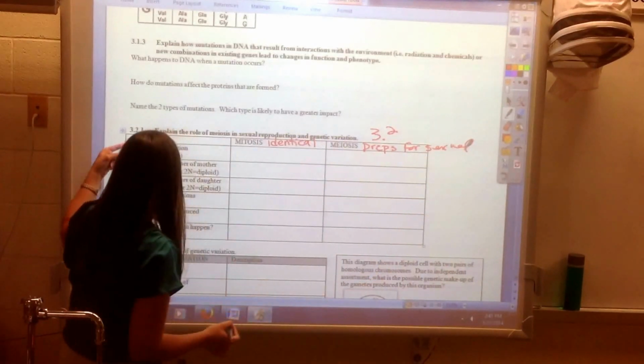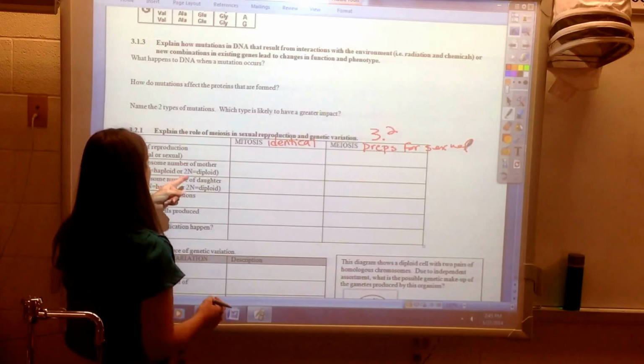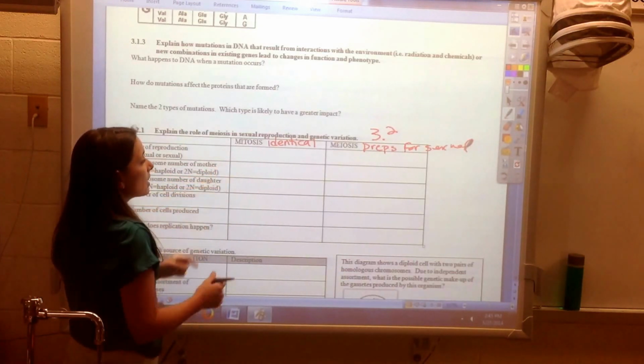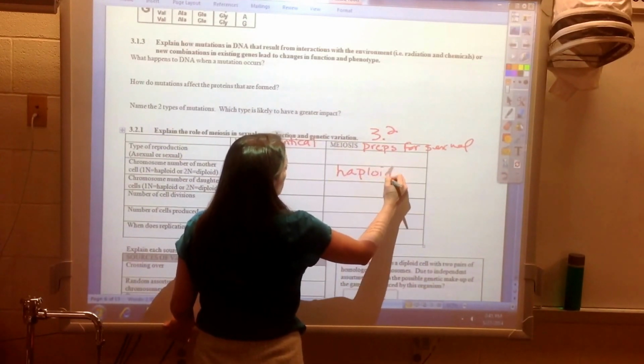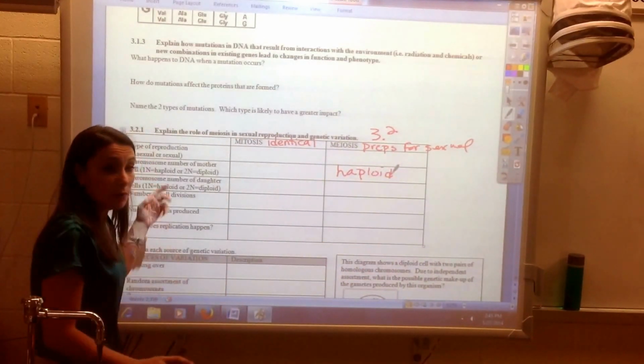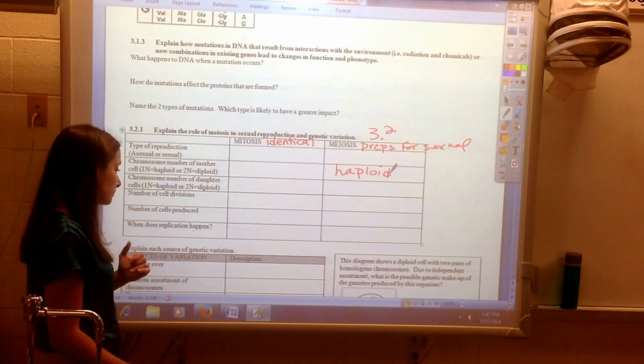Remember, the whole point is that mitosis creates identical cells and meiosis creates what are called haploid cells. So you should be able to use your notes to be able to fill this part out as well.